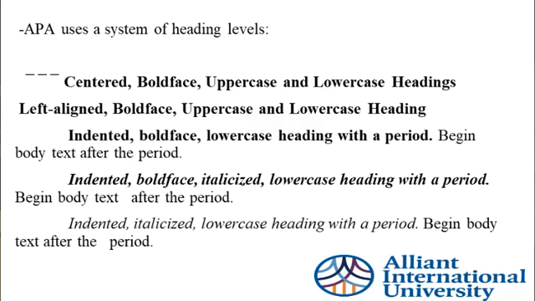And then you'll begin the body text after the period. If you have the title indented and italicized in the lowercase heading with a period, begin the body text after the period. So these are the types of heading levels that would occur in a research paper and how you would format those.